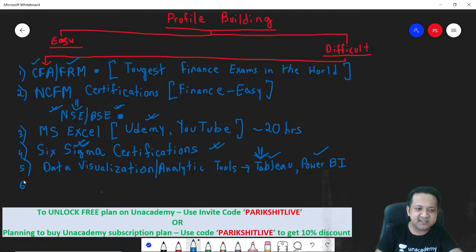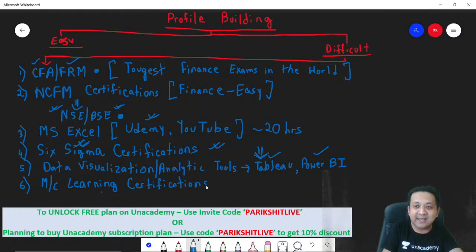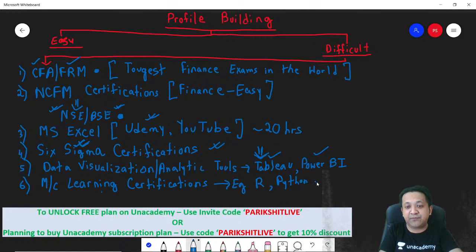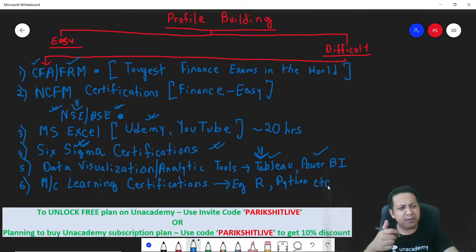Okay. Next is machine learning certifications. What is machine learning? Machine learning certifications could be learning a language, especially if you come from a programming background. Examples: R, Python, etc. Again, I will tell you, even if you don't come from an engineering or programming background, you are probably a BSc in science or a BCom graduate, these are languages which everyone can learn.